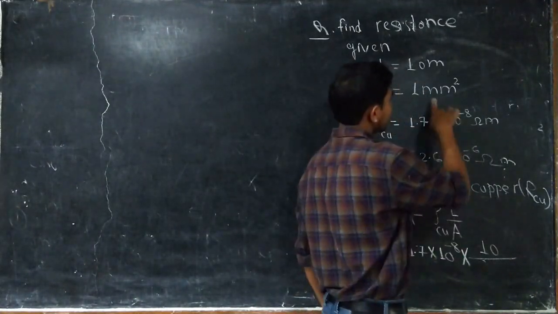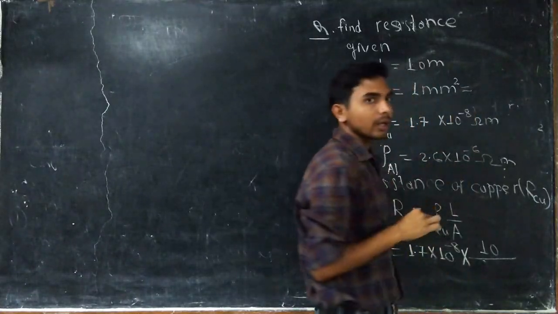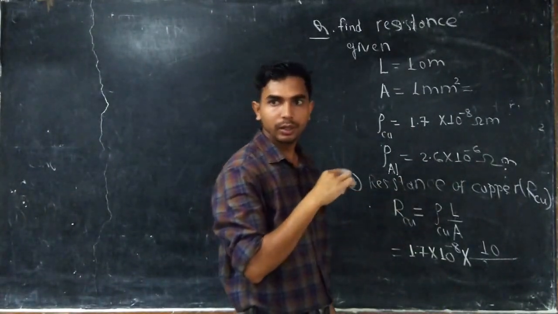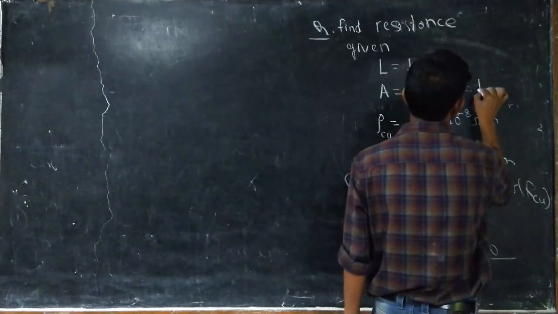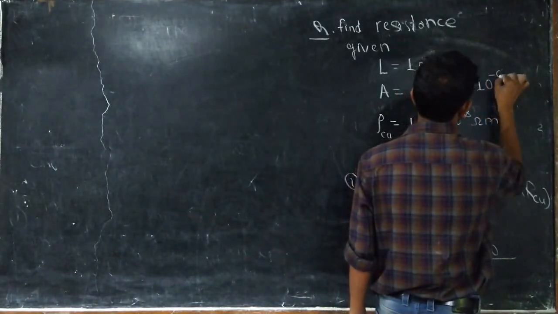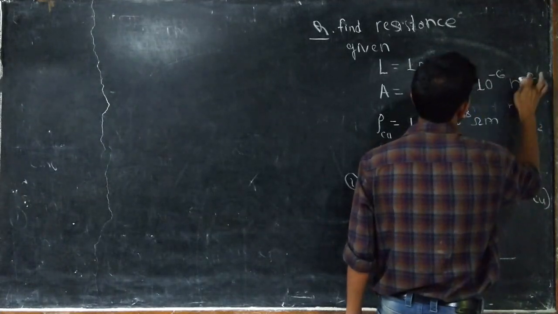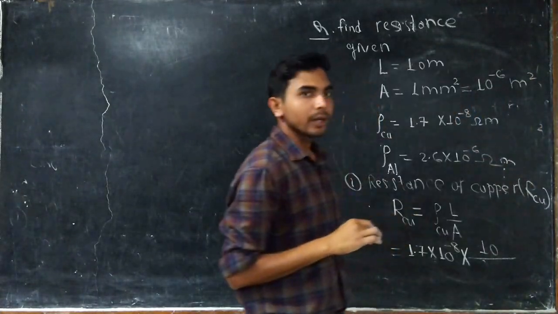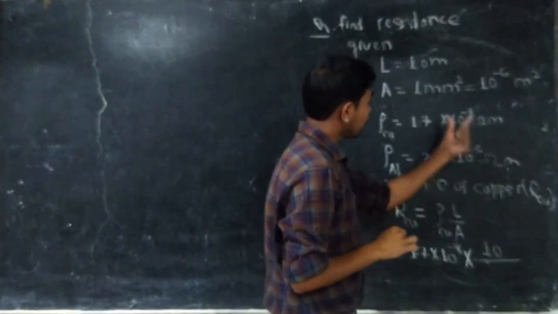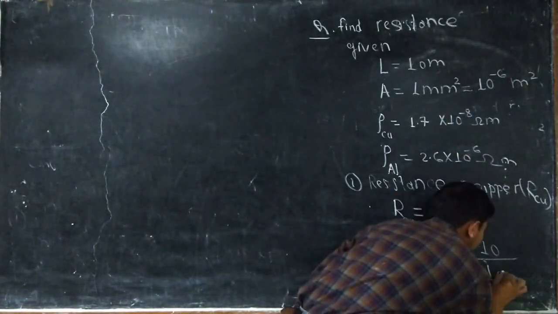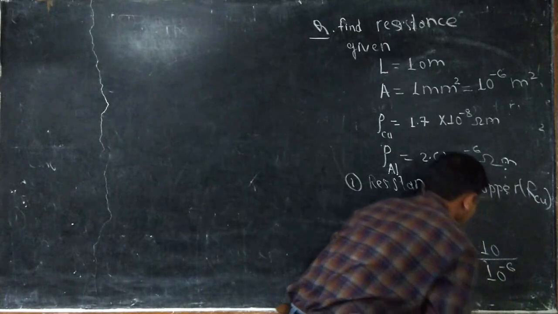And the area is given in millimeter square, so we have to convert it to meter square. To convert it, we multiply with 10 to the power minus 6. So I substitute the value 10 to the power minus 6.